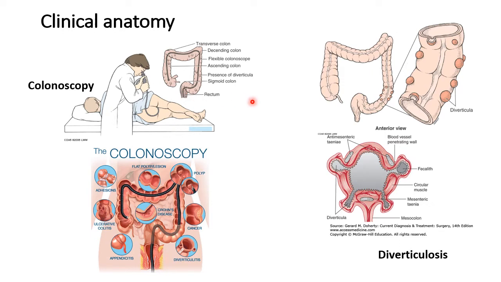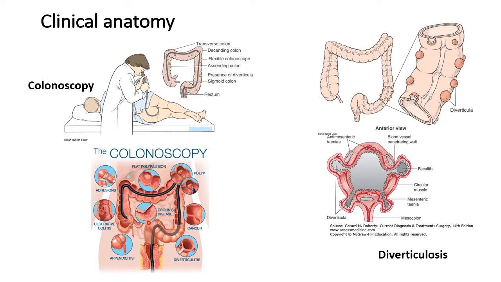So when a colonoscope is inserted through the anus into different parts of the colon, the physician or the doctor can have a look at what is inside. And then on this image you can see a lot of diseases that can happen in the colon.